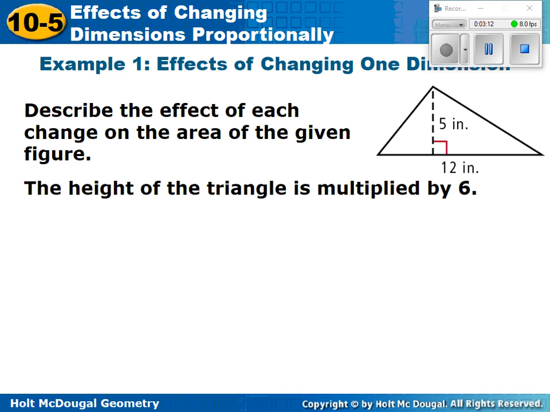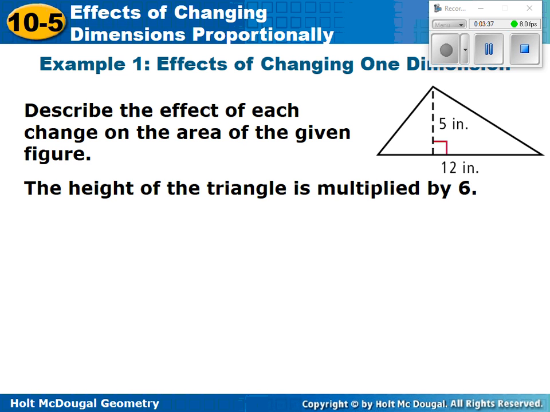So the shortcut is to just look at the formula. This is what the formula is originally. Now I'm going to write down A equals 1/2 B times, and instead of putting H, I'm going to put 6 times H, because we're multiplying the height by 6. Does that make sense? Okay? So then what I'm going to do is compare these two formulas to see what has happened to the area.